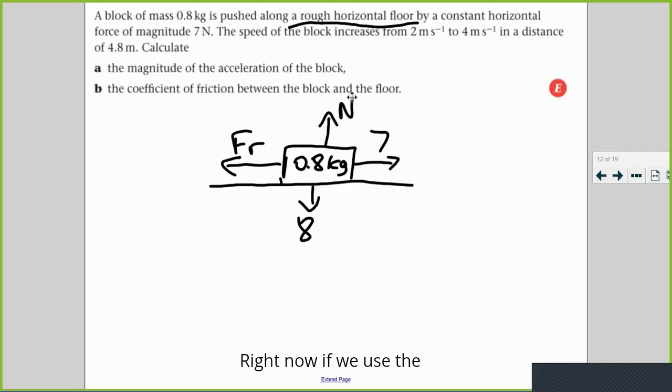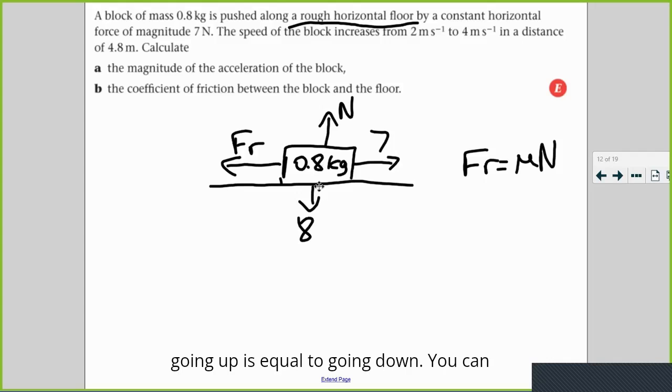Right now, if we use the friction formula, okay, now we don't know mu, we don't know n, we can't find n. n will be 8 here, right? Because going up is equal to going down.